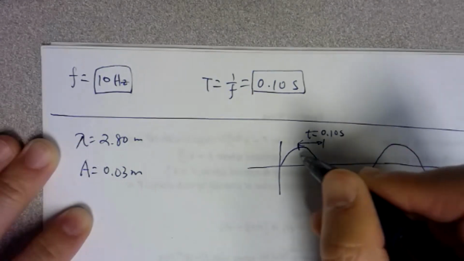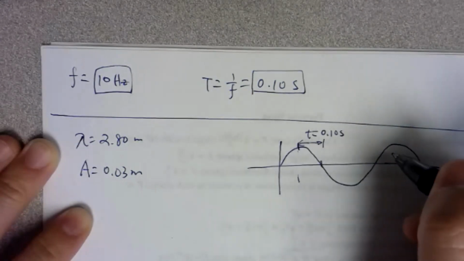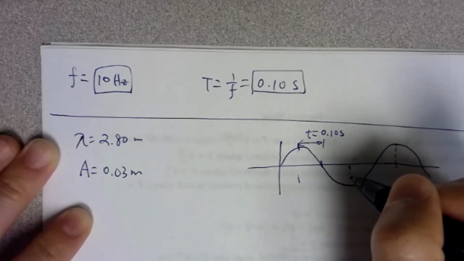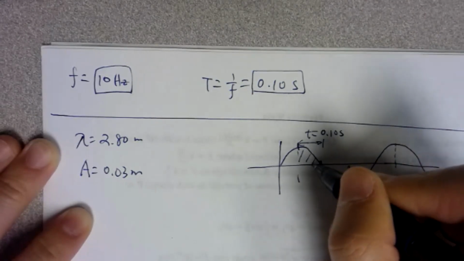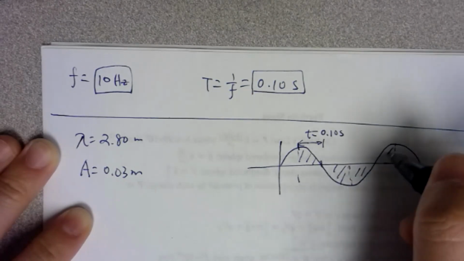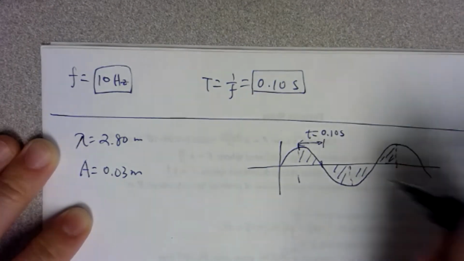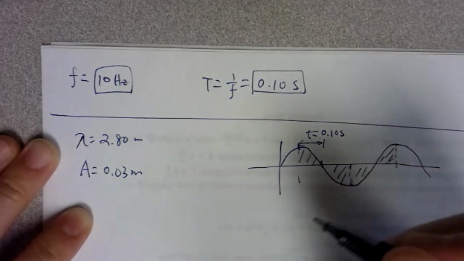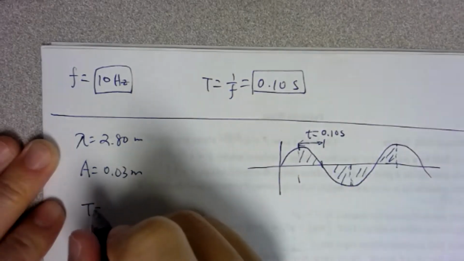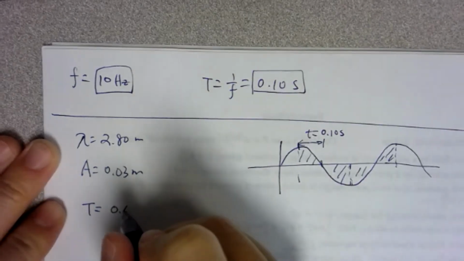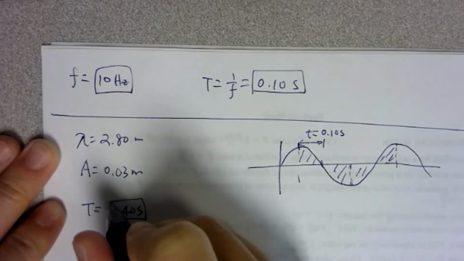So if you look at this, this is a quarter of the whole wave. You can divide it into 4 sections, each one is 1 quarter. So then we know that in this case, T will be 4 times that, so 0.4 seconds.